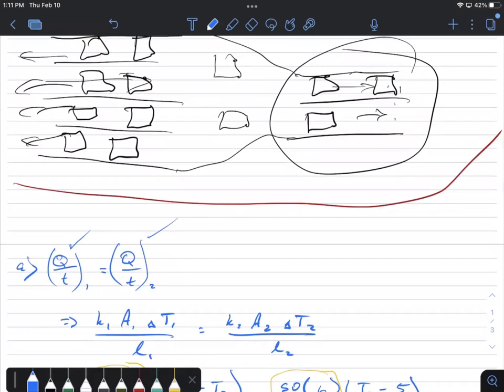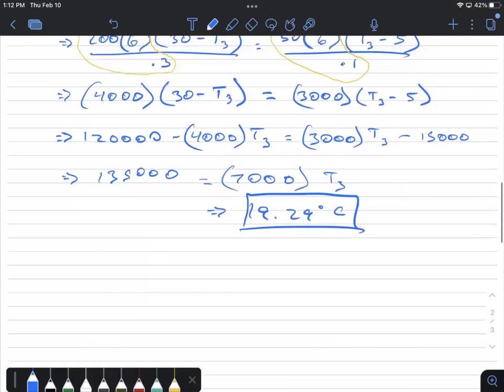So if you want to know what it is through the whole system, calculate what it is for one of the layers. Which layer? It doesn't matter. Choose either one you want. Let's say I choose the first layer. All right, part B. I want Q over T. So I'm going to do it for the first layer.